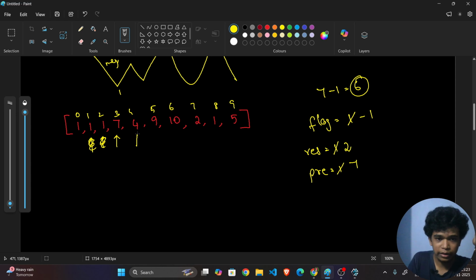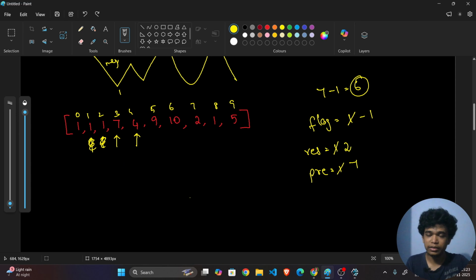Now go to the next index, 4. Whether 4 is greater than this 7? No. 4 is lesser than this 7, and also the flag variable is denoting what? Negative. Whether 4 minus 7 is negative? Yes, that's the reason why I am checking whether 4 is less than 7, which means I will surely get a negative curve, which means a down curve.